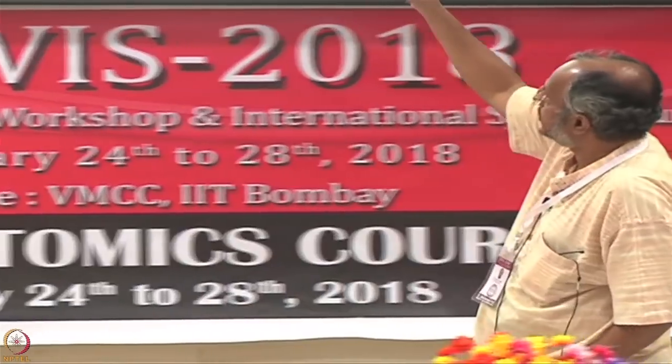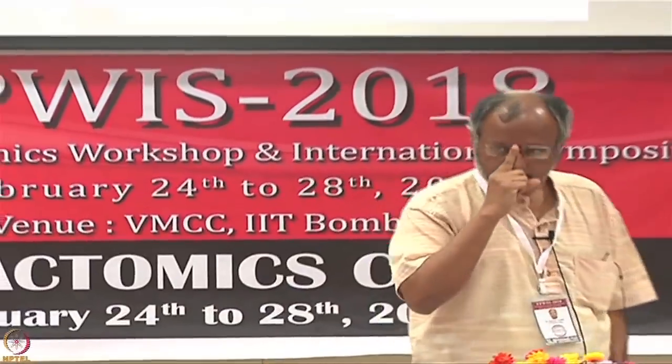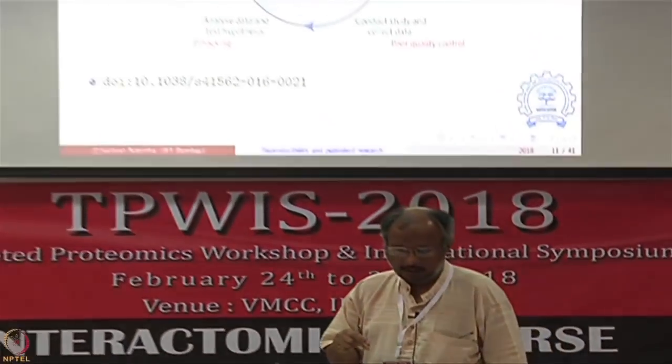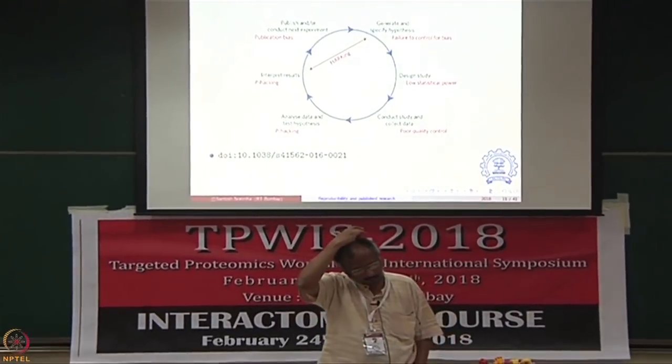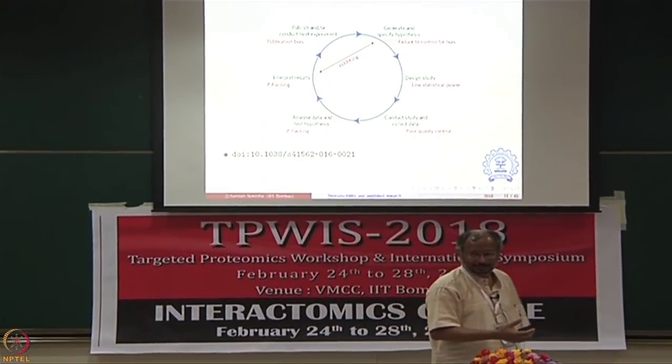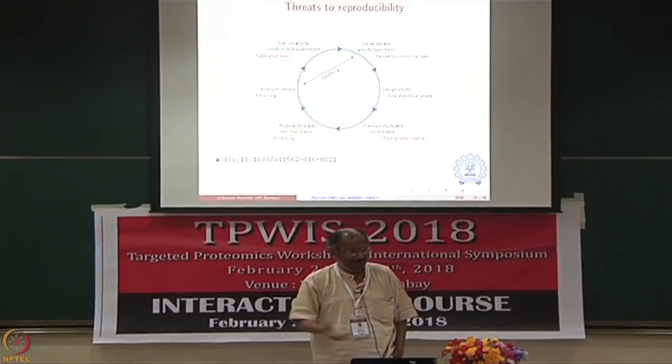You'll notice that there's this line as an arc cutting across the circle, and I've written HARKing there. HARKing, H-A-R-K, refers to hypothesis after the results are known, which is unfortunately what happens to most of us, which is we generate the data and then we start asking, okay, what exactly are we trying to find as an insight?